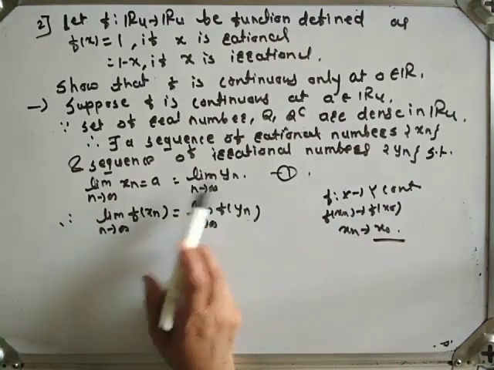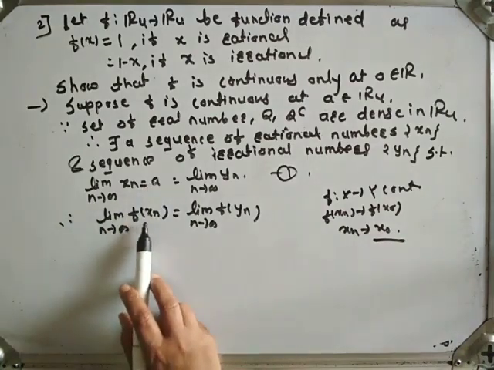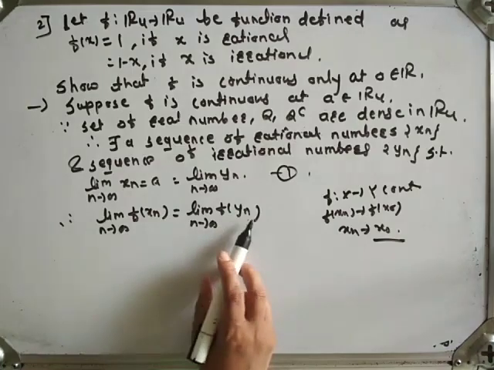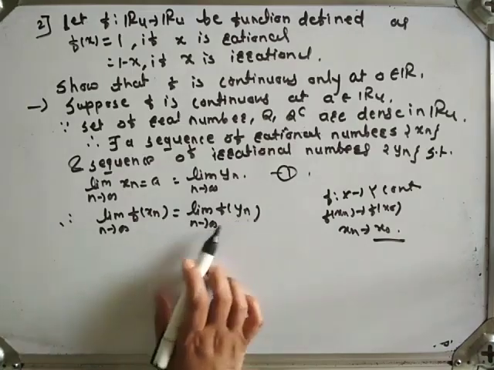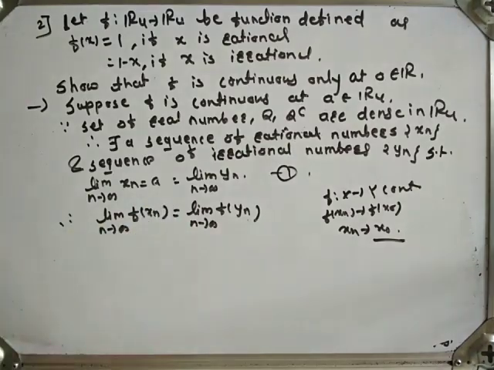See here, xn and yn converge to a. Therefore, their images f of xn and f of yn also converge to the same limit. Okay.